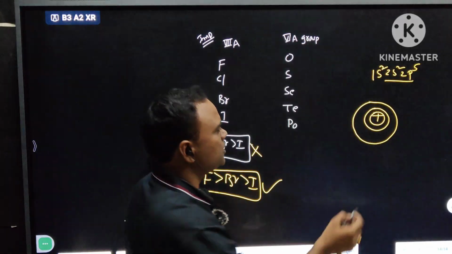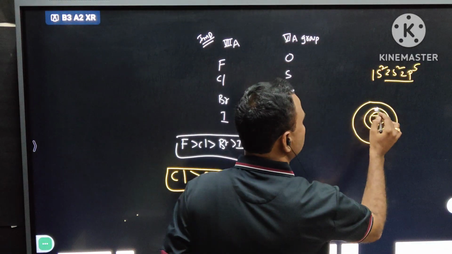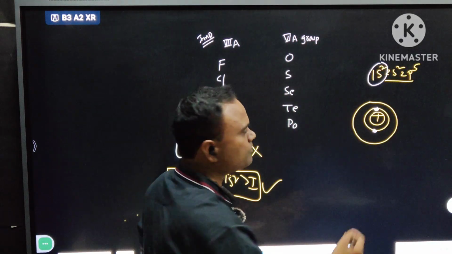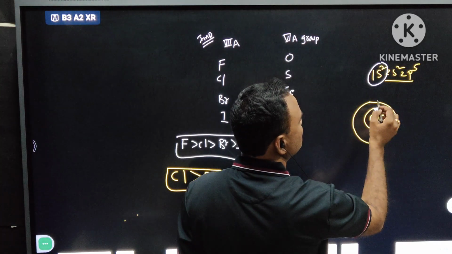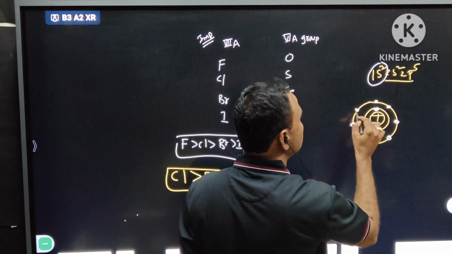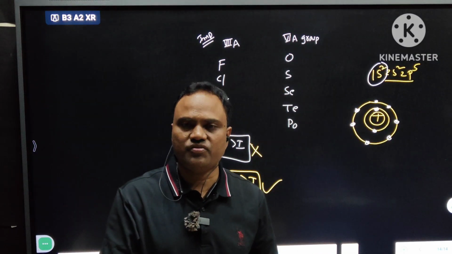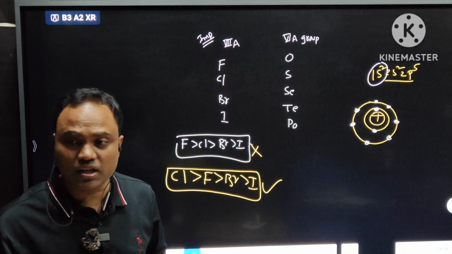Yes or no? In the first orbit, how many electrons can fit? 2 electrons. 1s2, first orbit. In the second, small shell, how many electrons do we have to put? 1, 2, 3, 4, 5, 6, 7 electrons. Within the small ring, if you place 7 electrons, repulsions will arise.